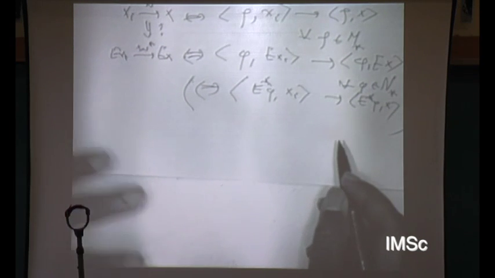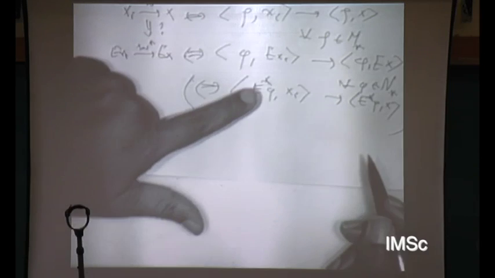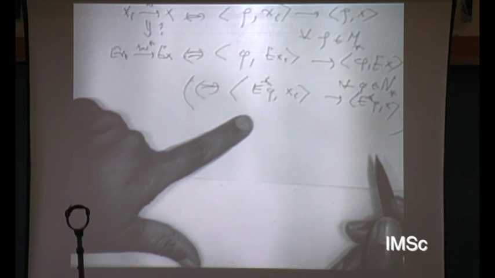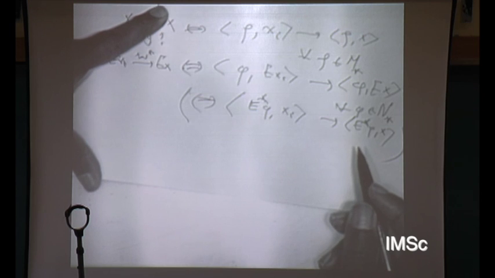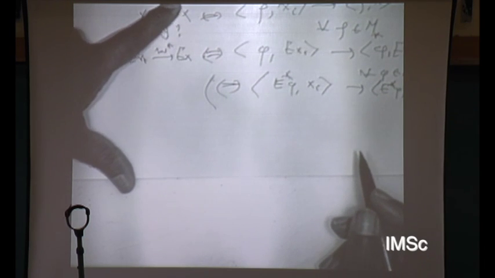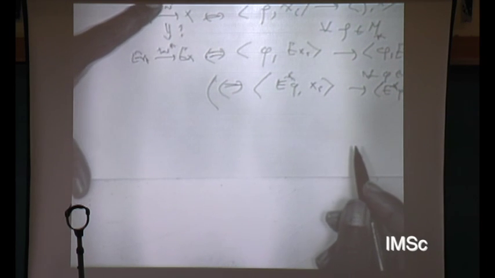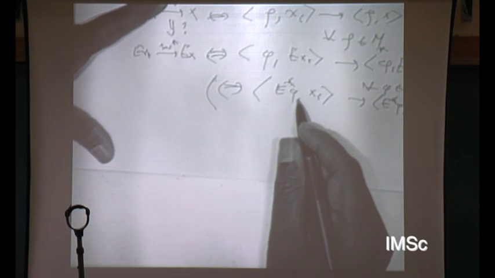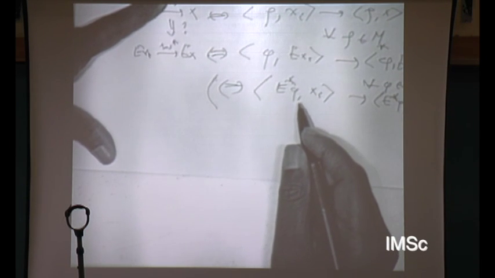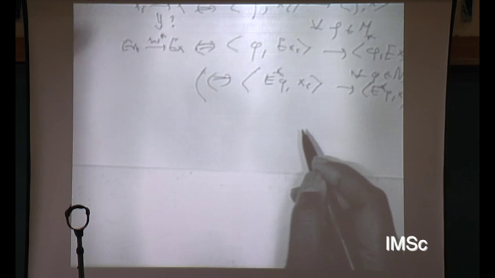Yes, so it is contained in this, so I'm not saying this right. See, what does it mean to say that E star maps N lower star to M lower star? That means for any phi in N lower star, E star phi must be in M lower star. What does that mean?